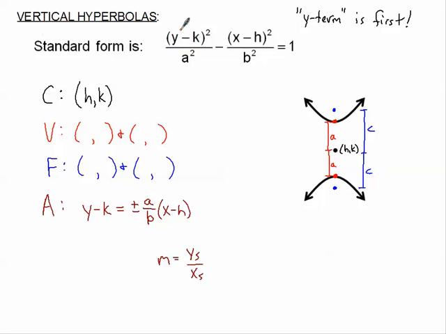This time, since the y term is first, A is associating with the y. And since the y's divided by the x's will be the slope, A divided by B will be the slope. Again, we're taking the square root of everything from our everything squared here, but in our linear equation, nothing is squared. Okay, and those are our asymptotes.